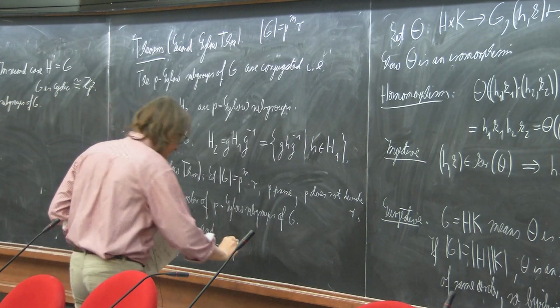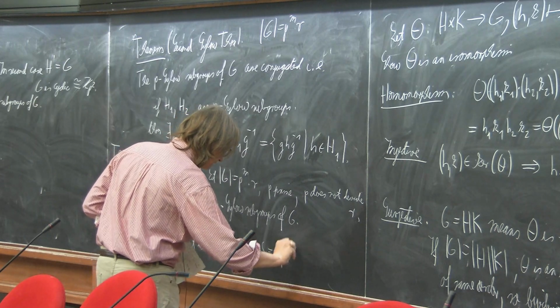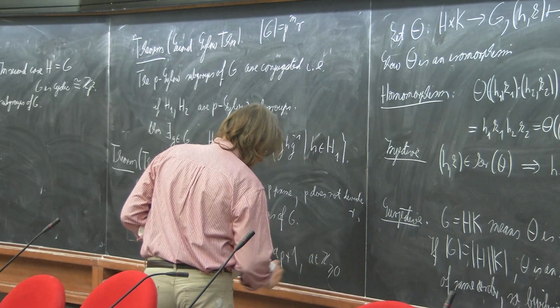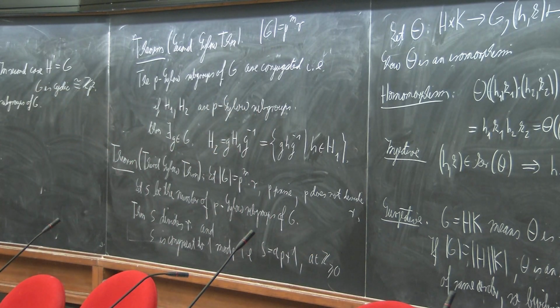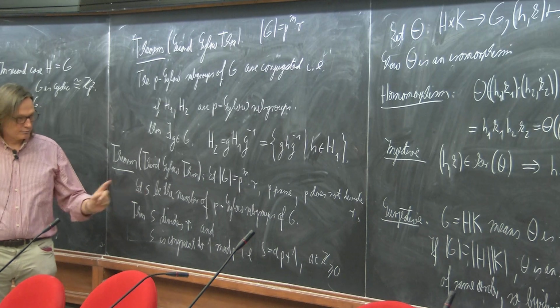So that means I can write S equal to AP plus 1 for some A a non-negative integer. Okay, so this is the third statement. So it gives us some estimate of how many P Sylow subgroups there are.